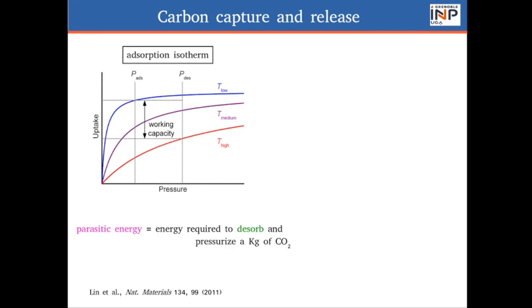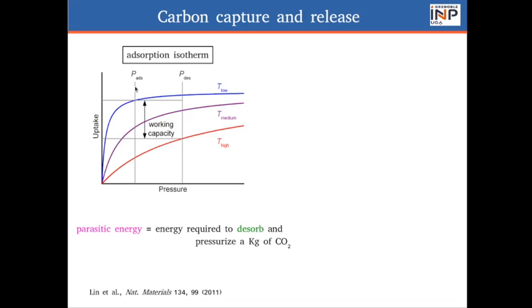Usually to establish whether a material is interesting for carbon capture, we look at the adsorption isotherm, which measures the amount of molecules adsorbed as a function of pressure. Imagine that we are adsorbing at low temperature, and this is our adsorption isotherm. The idea is, of course, that you want to have this curve as high as possible, so that you adsorb a lot.